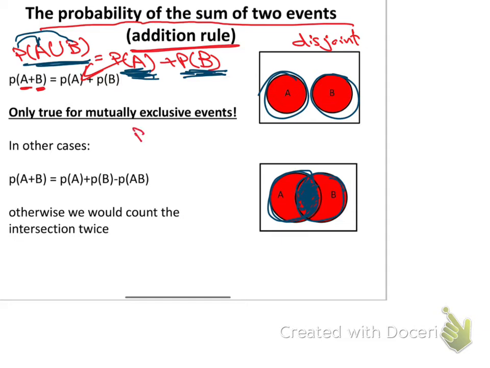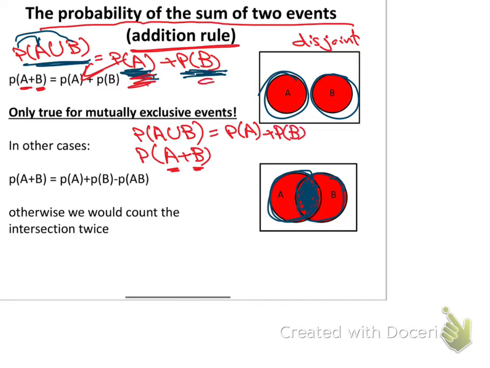the probability of A union B, or you can call it A plus B, is the same. Plus means union. So it will equal the probability of A plus the probability of B, minus one time the overlap, which is the probability of A intersect B. Not union, here intersect.